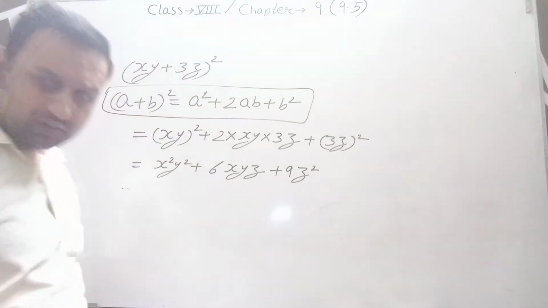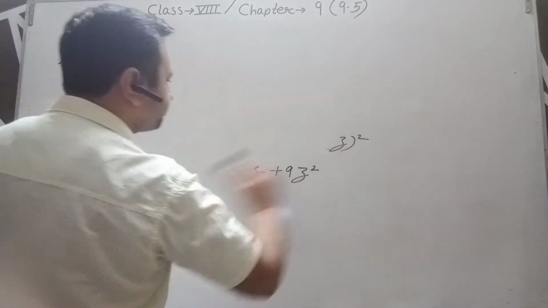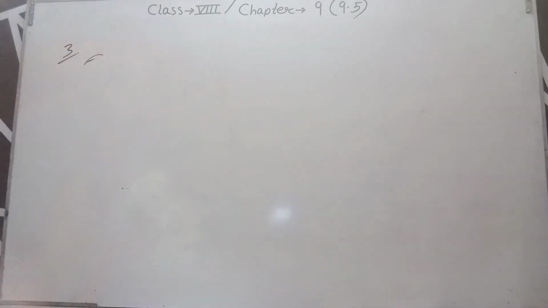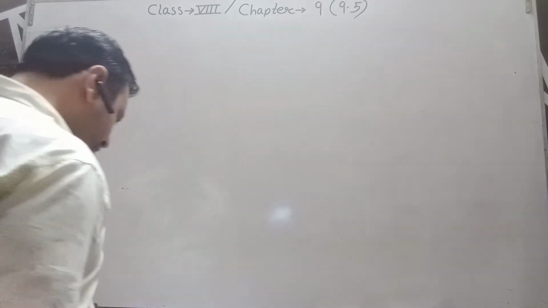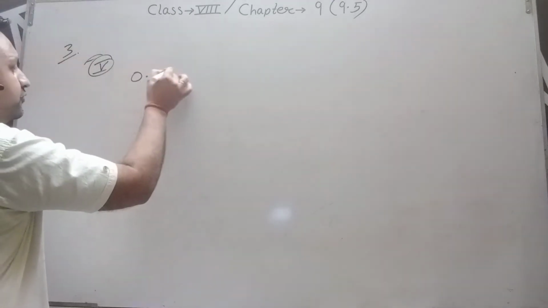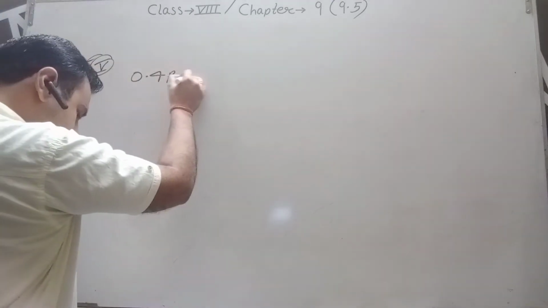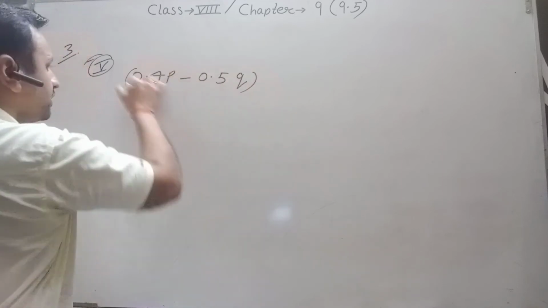Now we try its fifth part. All parts are the same. Fifth part: (0.4p − 0.5q) whole square.